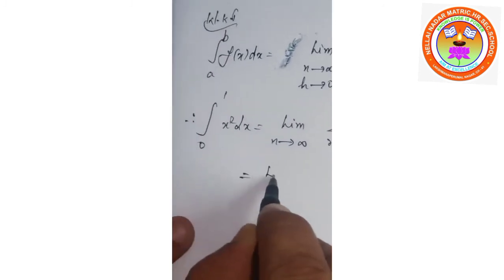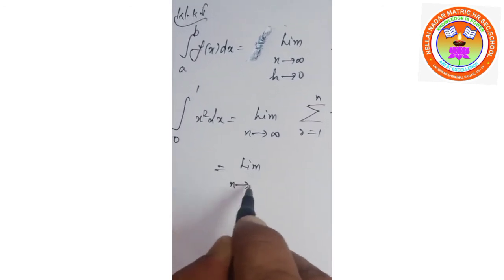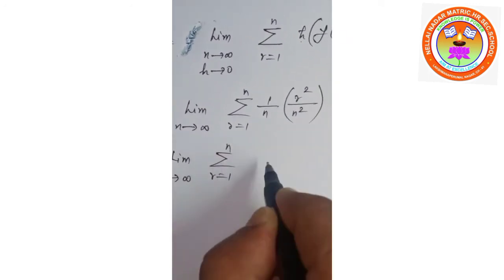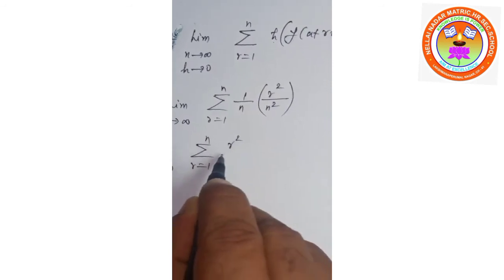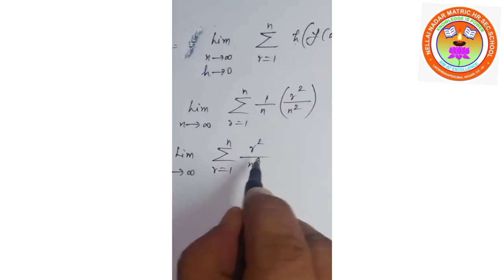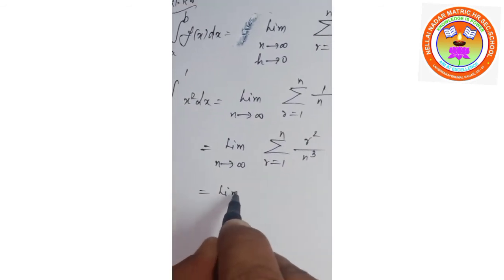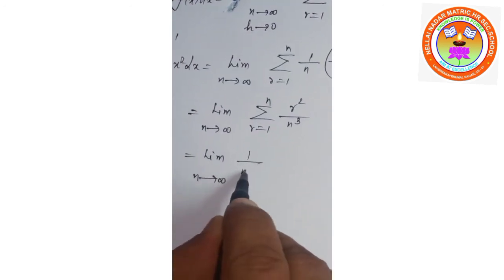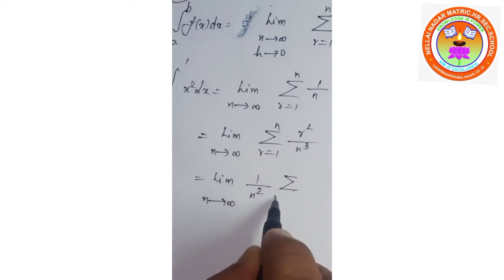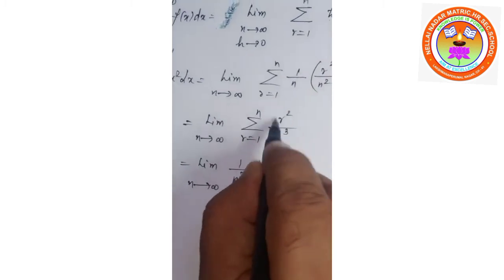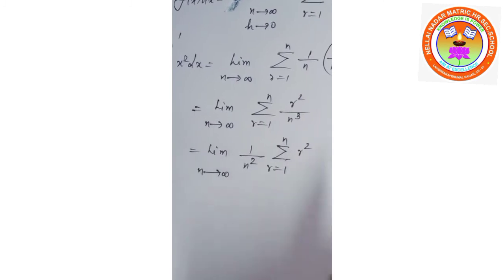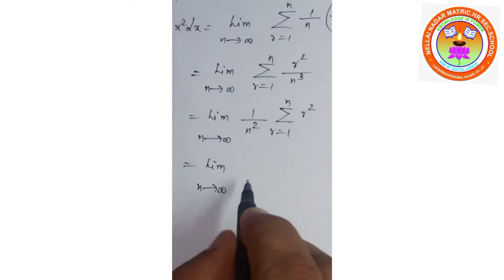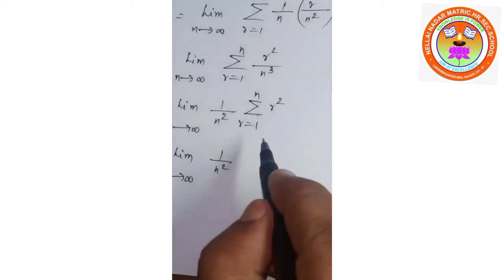That is equal to limit n tends to infinity, sigma r equals 1 to n, 1 into r square divided by n into n squared, which is n cube. Limit n tends to infinity, 1 by n cube is outside the summation and r squared is inside the summation, equals limit n tends to infinity 1 by n cube.